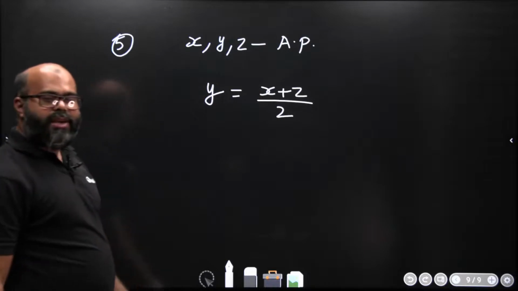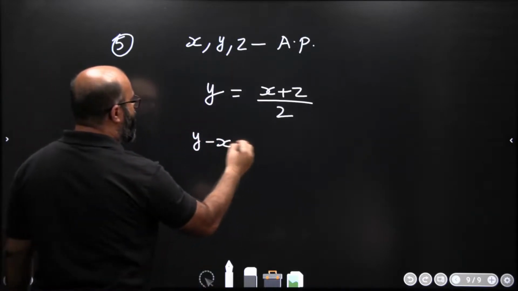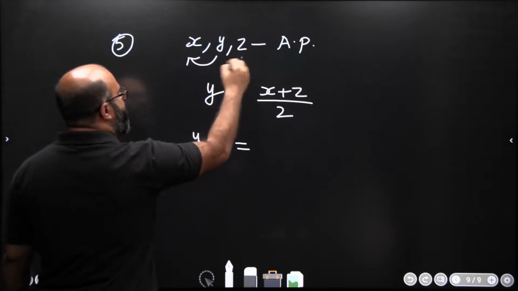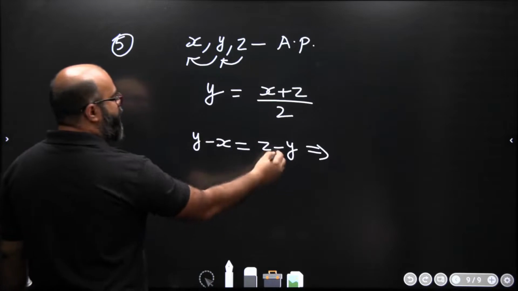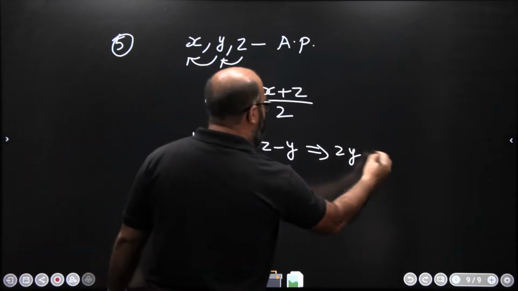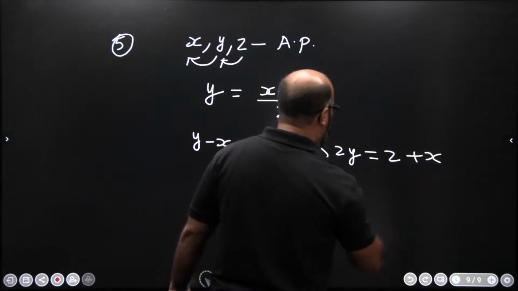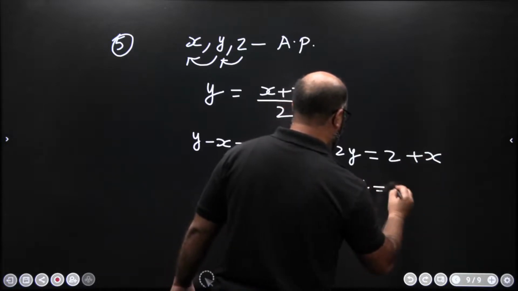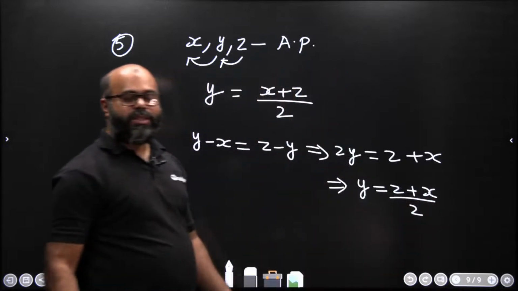How can you say like that? So you can say that Y minus X is the common difference here and Z minus Y is the common difference here. So Y plus Y would be 2Y is equal to Z plus X. So you can of course say Y is equal to Z plus X by 2. This is also given a particular name when you will study arithmetic progression.